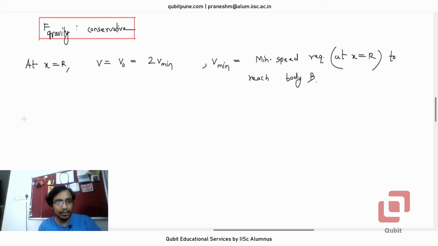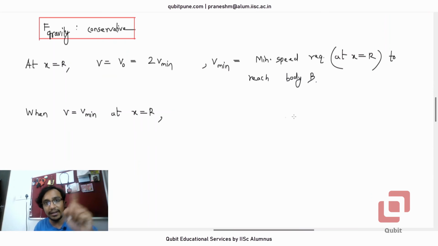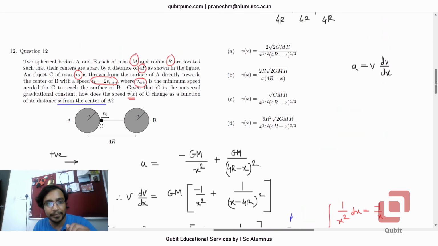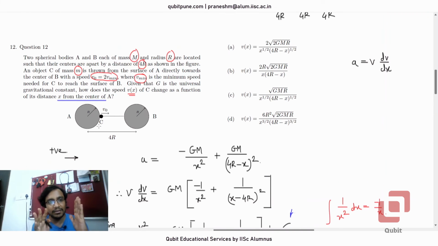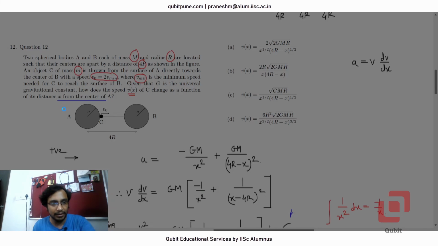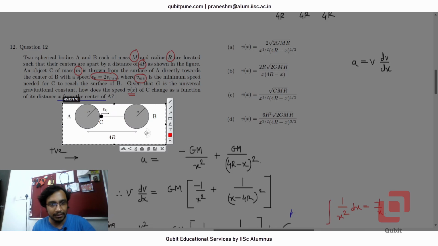Now see, when v is equal to v min at x equal to r, what does that mean? Note that when the body has begun its journey from A to B, before the midway, let us now take this figure and try to analyze it better.